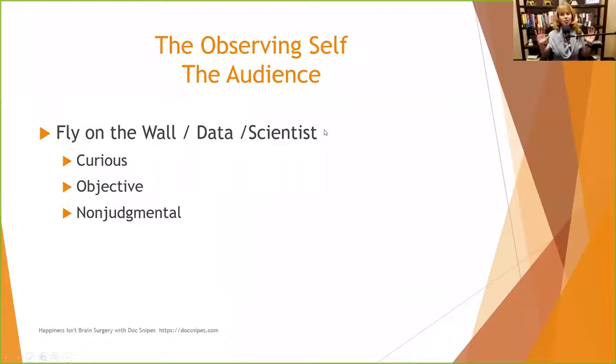So we want to turn into the fly on the wall. And some people don't like flies, and that's fine. And I don't really know what a fly thinks about. If you are a science fiction geek like me, you might have watched Star Trek: The Next Generation. They have an android, and his name's Data. He tries to understand humans. He wants to be human. So he is always very curious about what's going on, but he doesn't have an emotion chip to get fused with being angry or anxious or anything.